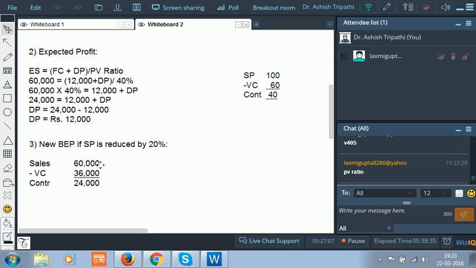So we are going on a right track. In fact, मैं आपको वही explain कर रहा हूँ that if PV ratio is 40%, that means variable cost is 60%. So this is how we were able to calculate variable cost. Now what happened? What they are saying, that selling price is reduced by 20%. So in this case, we will have to calculate new sales.